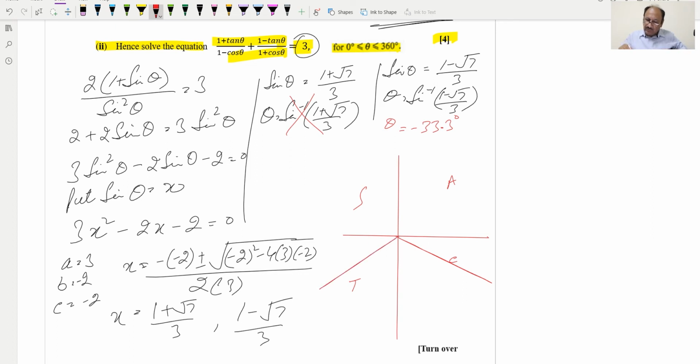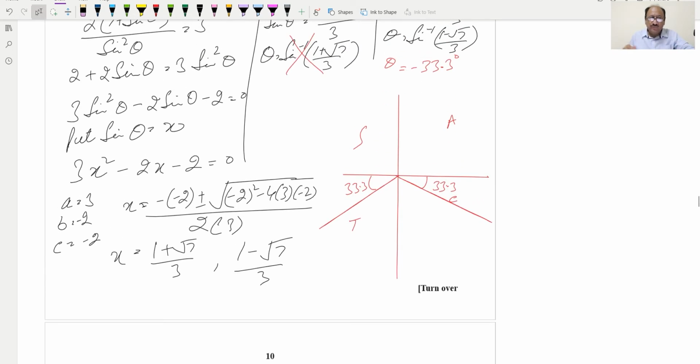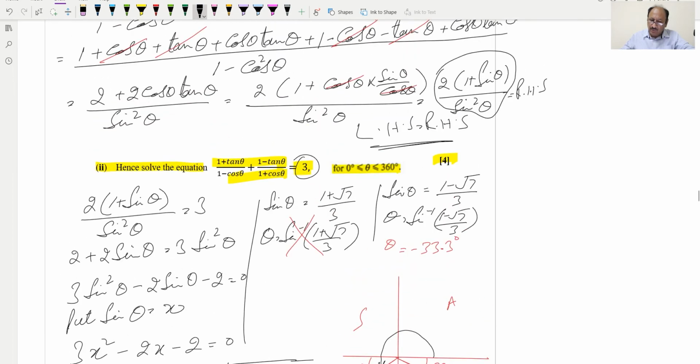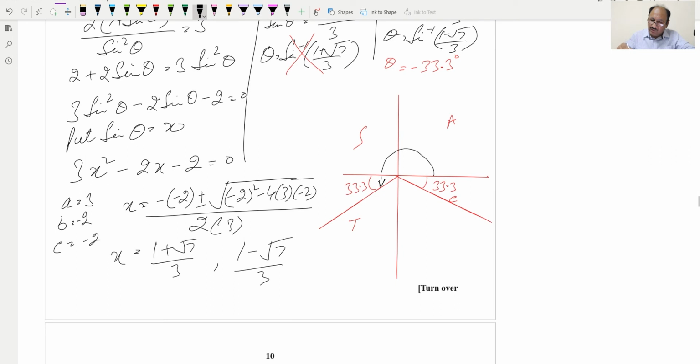So we can take this one as 33.3 and this one 33.3. We have to take values from 0 to 360, so we cannot take this directly.